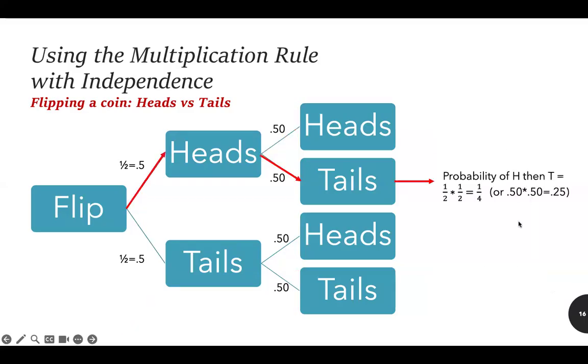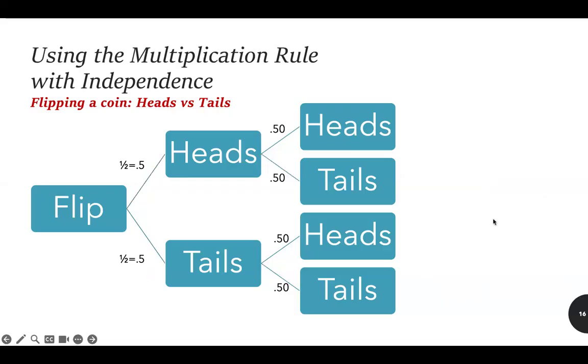Looking at this another way, let's say we want to know the probability of getting a heads and then a tails. In this case, the probability is the same. For the multiplication rule, the probabilities may be different, but the idea is still the same, that you're multiplying straight across. So the probability of getting a heads and then a tails is the same as what it was for getting a heads and then a heads.